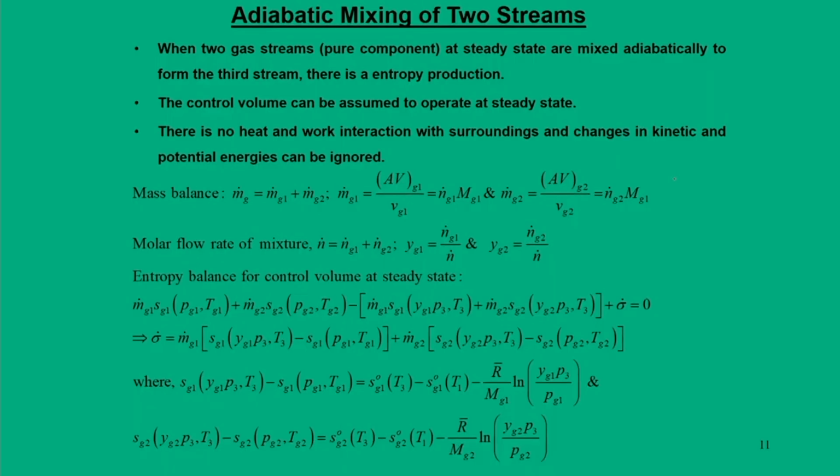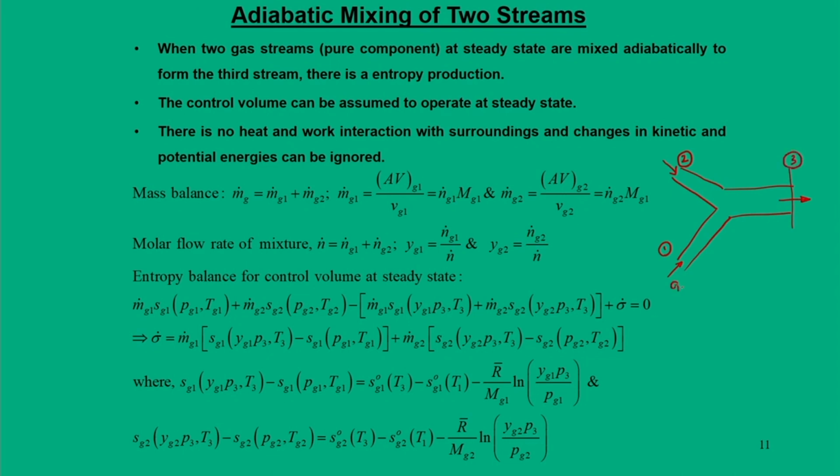So, when I say adiabatic mixing of two streams, I can assume there is a passage, two streams or two gases from state 1 and 2, they come and mix, and finally the mixture goes to state 3.